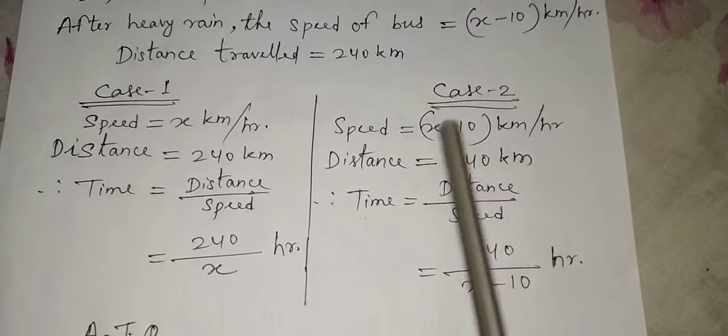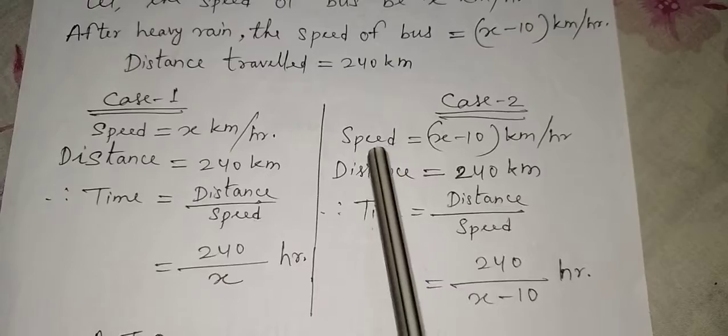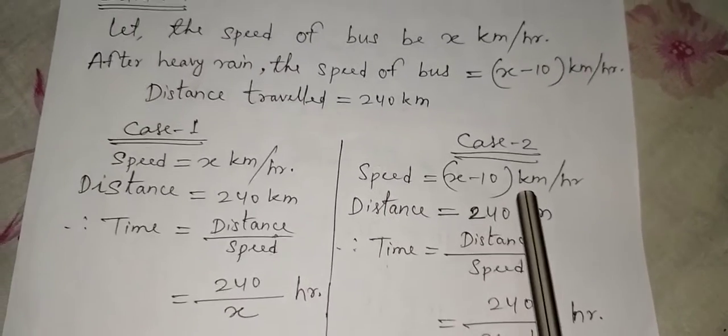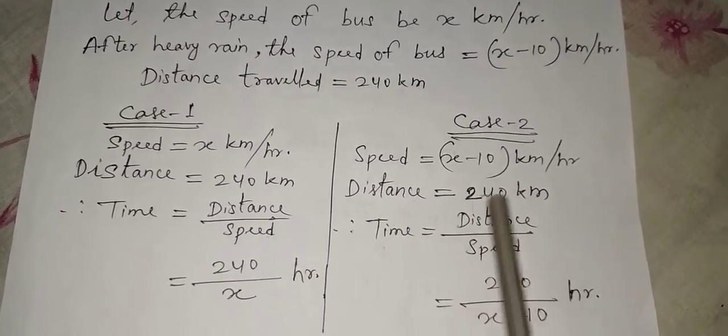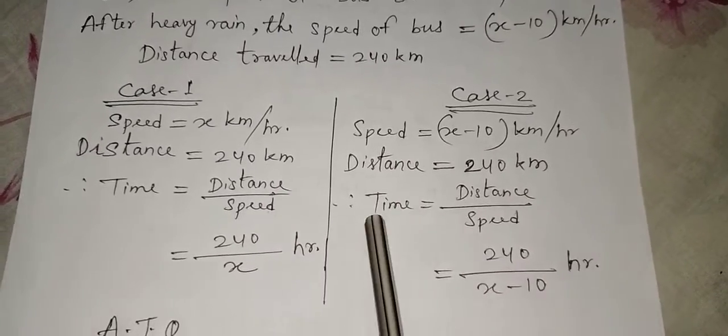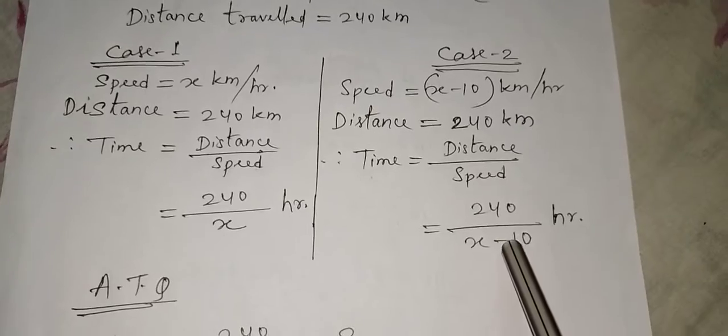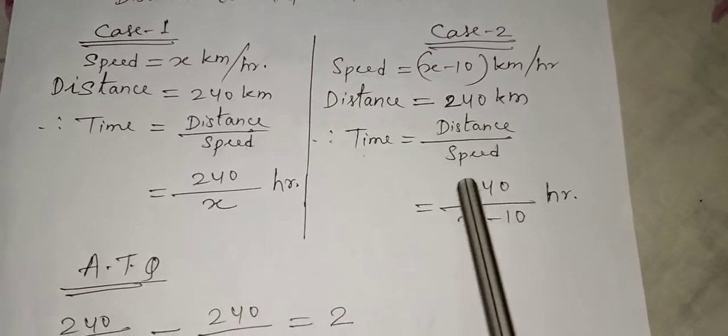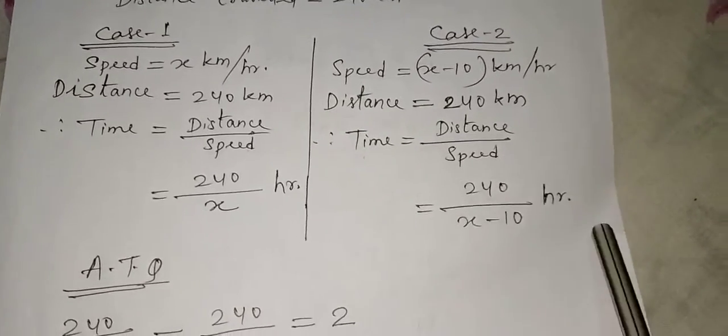In case 2, as it was raining, the speed will be x minus 10 km per hour. Distance is the same, the bus has to travel 240 km. The time formula is the same, distance by speed, so when I apply the values, it is 240 by x minus 10 hours.